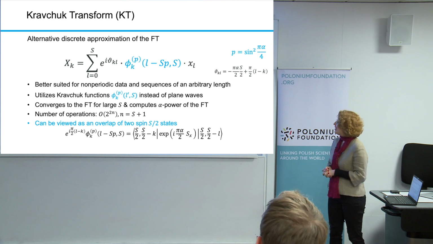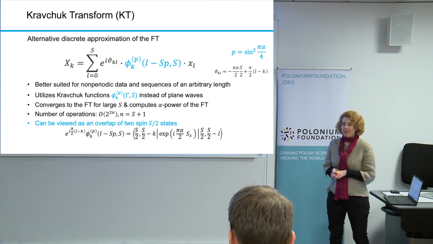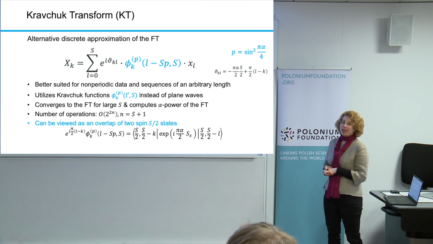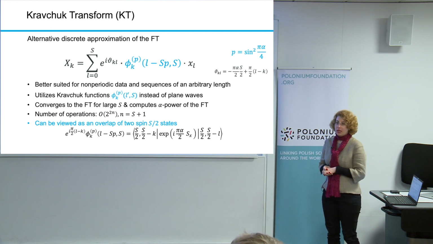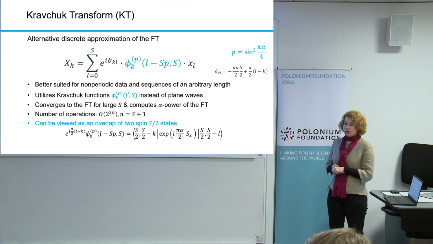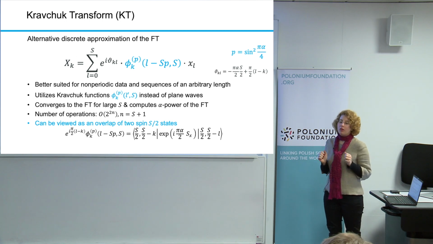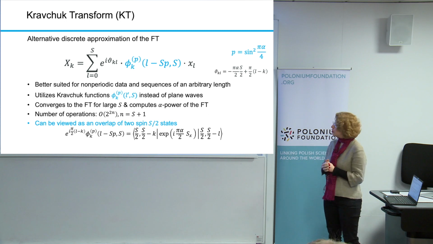As you can see, we have a different formula. It looks similar. We also have a finite sum from 0 to s, but actually this sum is really finite, not like previously with the DFT, which was infinite, only shrunk to the first period of our infinite periodic function.